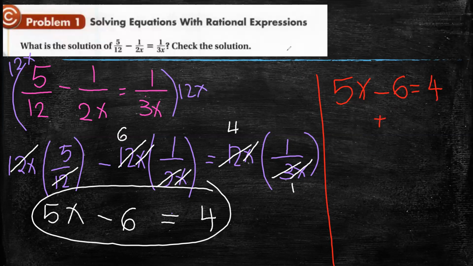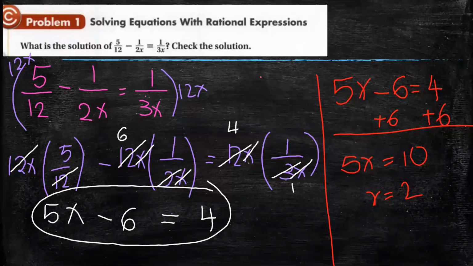Then plus 6 on both sides, so 5x is 10, and x will be 2. So the value of x here is 2. Is it clear? Find the least common denominator, multiply by each term, then solve.